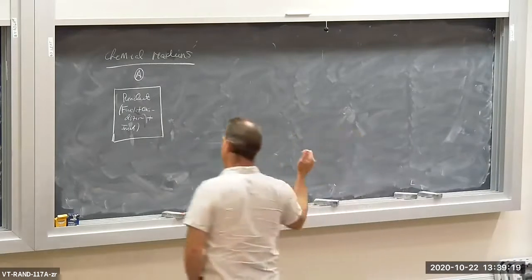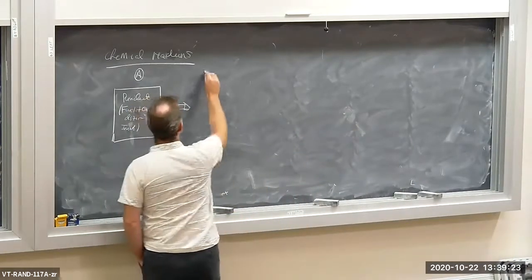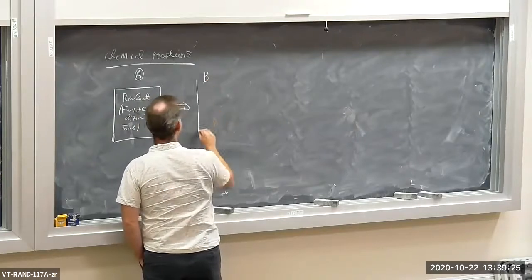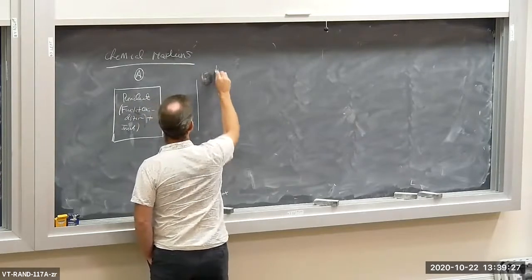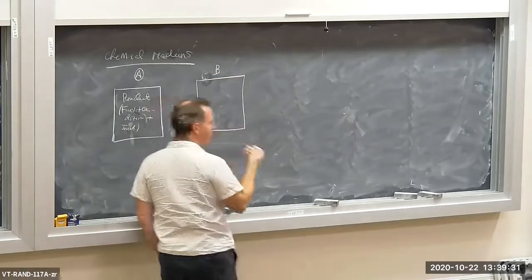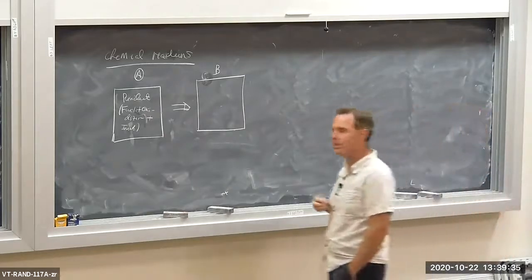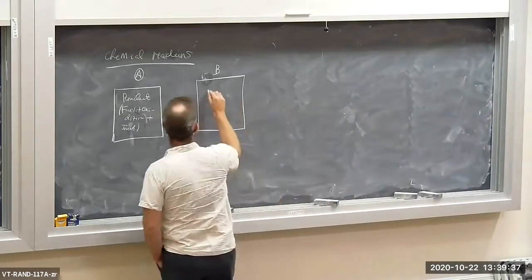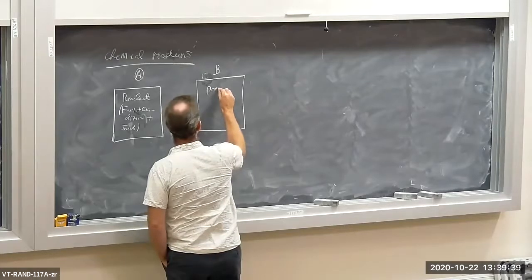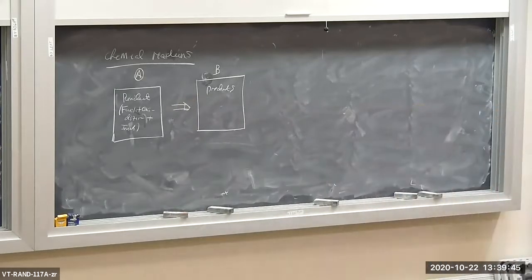And then some sort of a spark occurs or some sort of trigger occurs, and we end up at a new state B, where we have products. Some chemistry has occurred, and the reactants have reacted, and we have some sort of products of combustion or products of a chemical reaction.